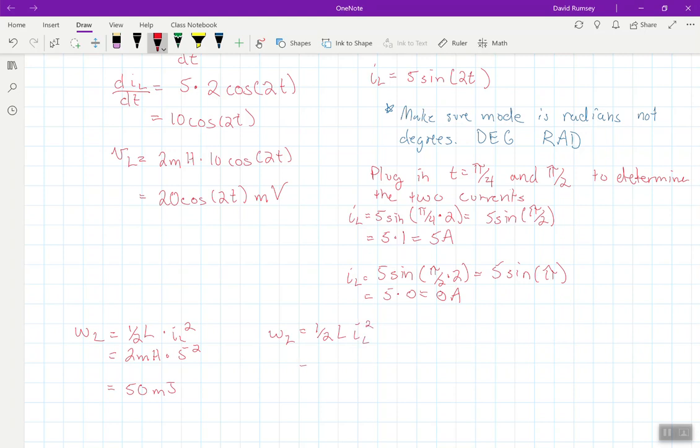And in this case, we would get 1/2, and I can't do computations here. I'll go back and fix that in a second. 1/2 2 millihenries times 0 squared, which is 0. And you probably all noticed this and are screaming at me right now. I forgot to keep that 1/2 here. So really this is 25 millijoules, not 50.